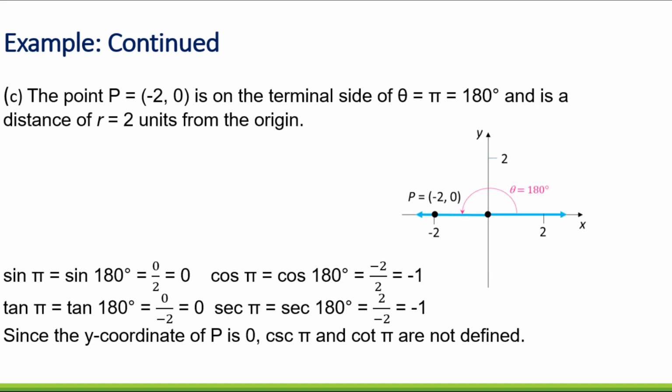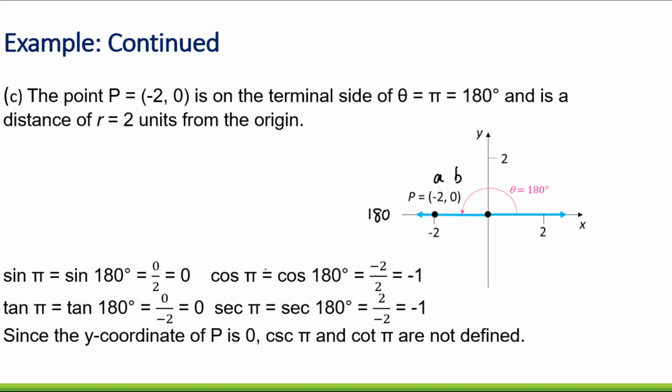And so in a likewise manner, you can find the trig ratios for 180 degrees. That is on the x-axis here. This is 180, or pi radians. a is -2, b is 0, and then r is 2. So the sine of 180 is b over r. 0 divided by 2 is 0.